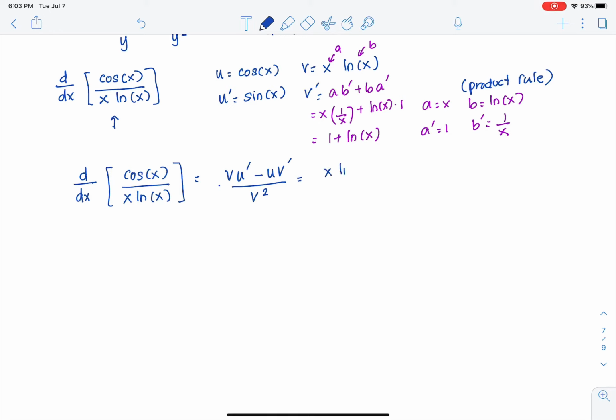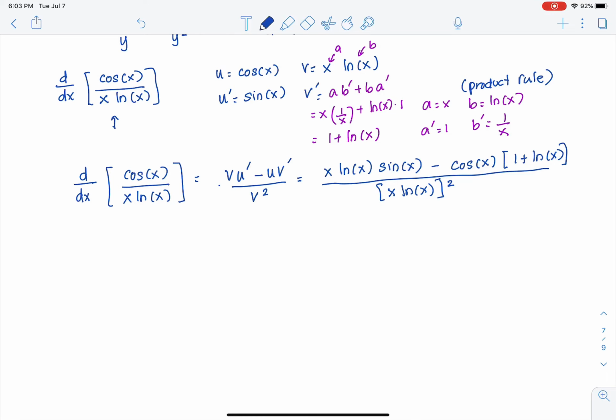So x times ln of x multiplied by sine x, which is u prime, minus cosine x multiplied by v prime, which we have derived as 1 plus ln of x, and the entire thing divided by x ln of x squared.